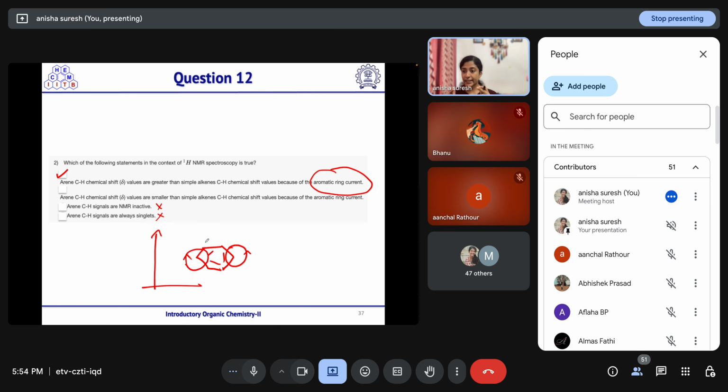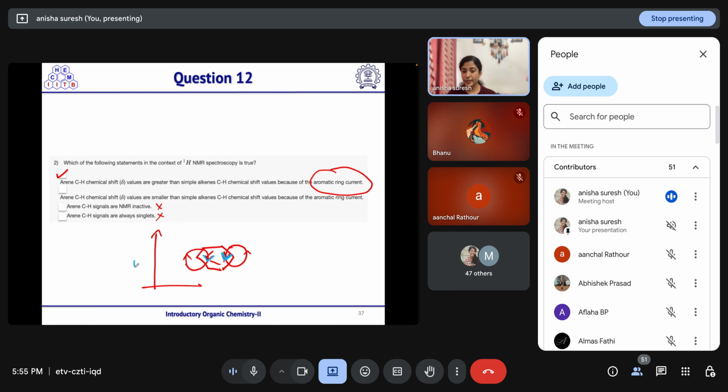Inside the benzene ring, this ring current will be opposing the applied magnetic field.